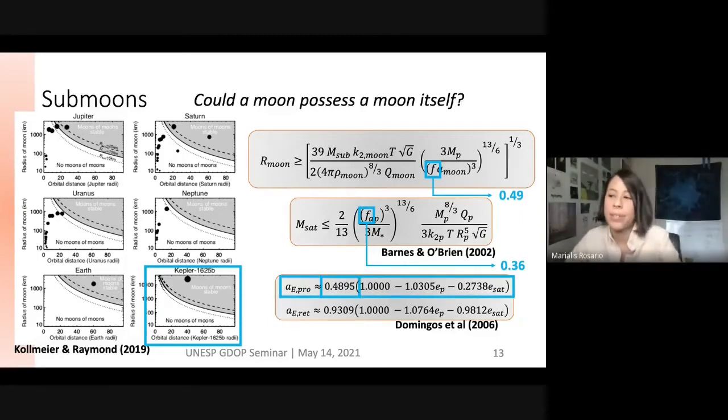Specifically, I focus on the prograde case because I am not necessarily considering a capture situation, whereas retrograde cases are mostly associated with capture cases. So I aim to derive an expression of the critical semimajor axis for a prograde orbit for both exomoons and submoons.